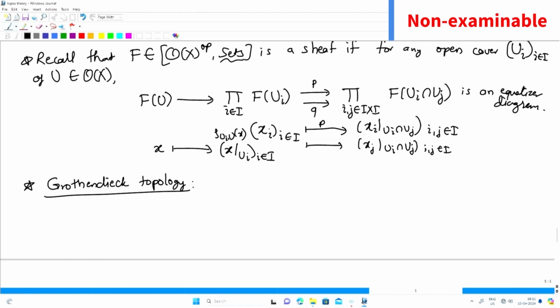Okay, so given, I'm going to do it only with a small category, but you can do it with a skeletally small category as well.